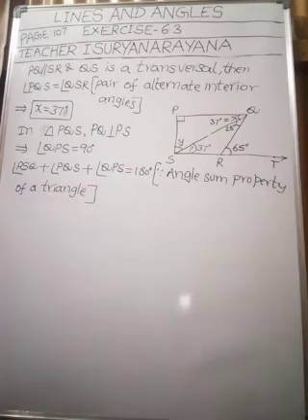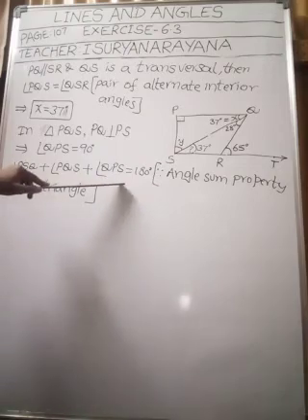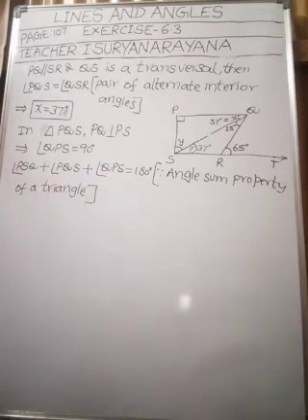By using this property, angle sum property of a triangle, we wrote this step. Understood this step, my children? Right. This implies angle PSQ.